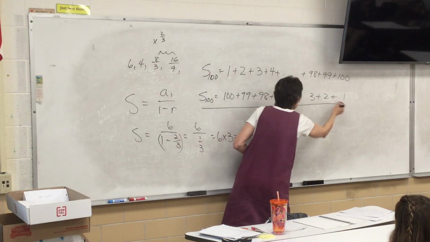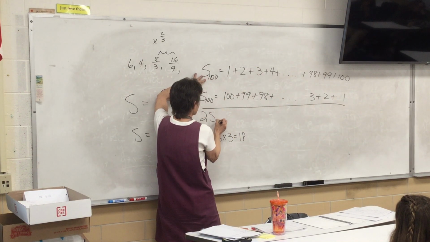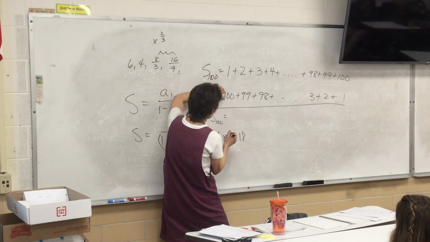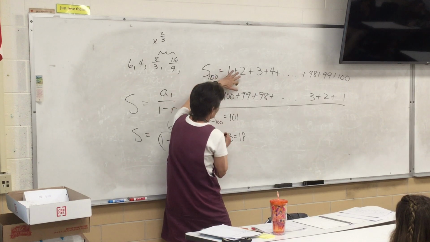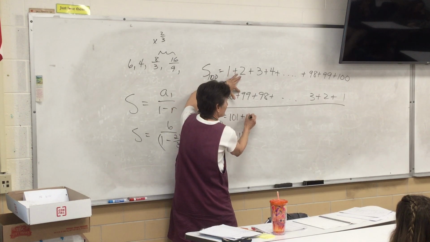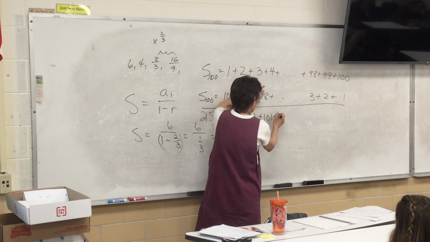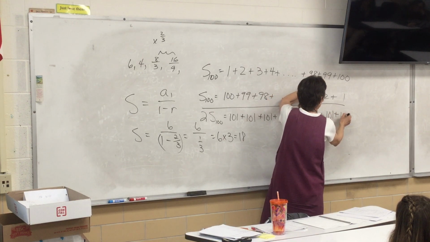Well, if I add these two together, then 2 of these sums would be, now look what happens, every pair you add. So the first and last give you 101. Look, what do these 2 give you? 101. What do these 2 give you? 101. 101. 101.